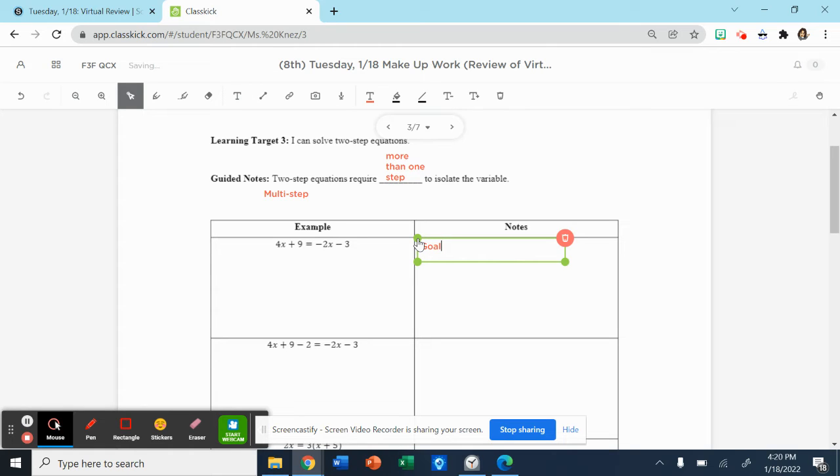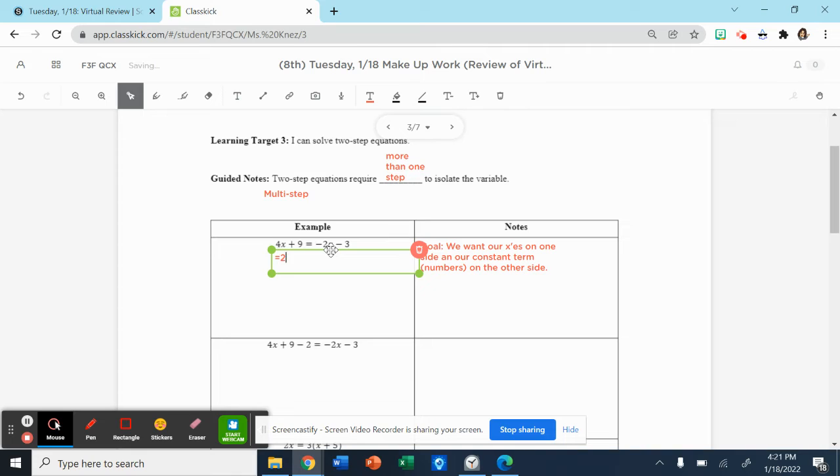Our goal is we want our x's on one side and our constant term, and that's just our numbers, on the other side. So when we start to think about solving this equation, we're thinking, what can I do to both sides that's going to make x only appear on one side?